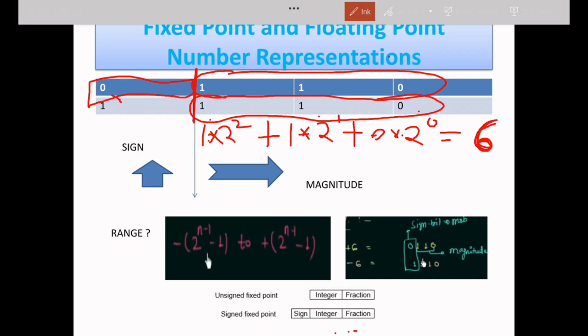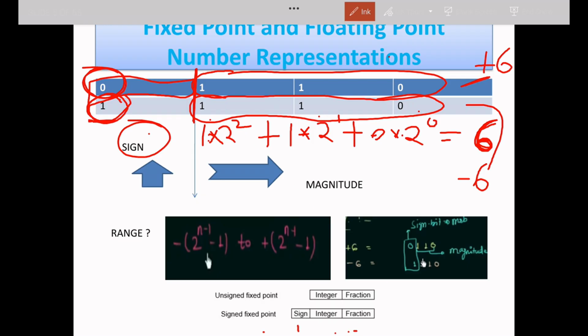But because of this last bit, the MSB, if I write 1 here, it indicates -6. This is the sign. And if it is 0, it indicates +6. So this number is +6 and this number is -6 because of this single MSB bit.